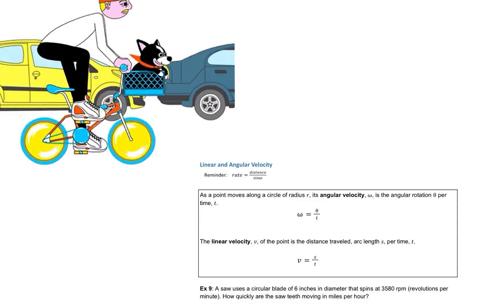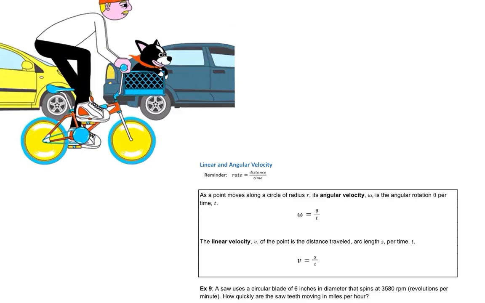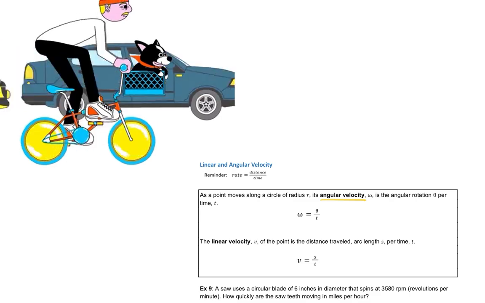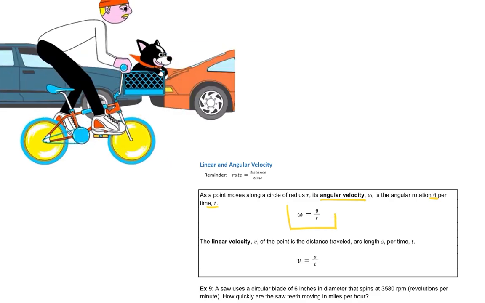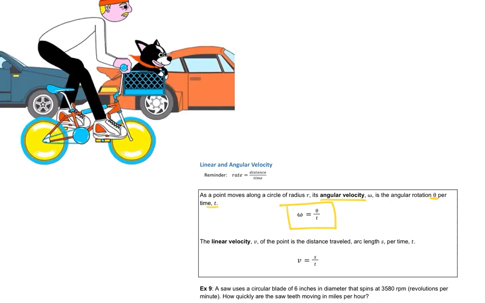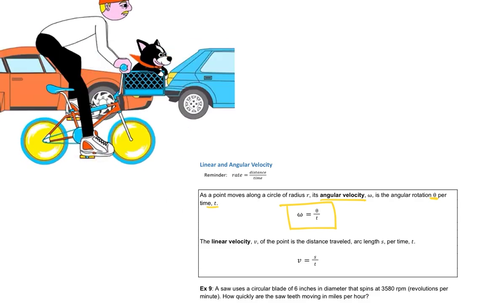Another application of angles is linear and angular velocity. The angular velocity is the idea of how much the rotation theta is changing over time, and we use the Greek letter omega, that looks like a W, for angular velocity. So that's given by theta, the angle changing over time, theta over t.